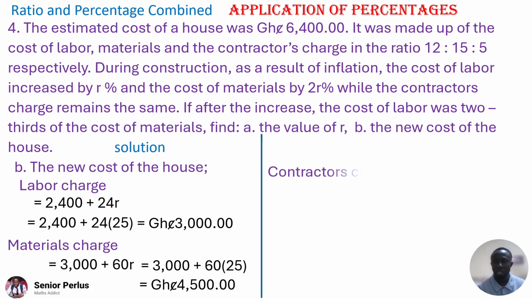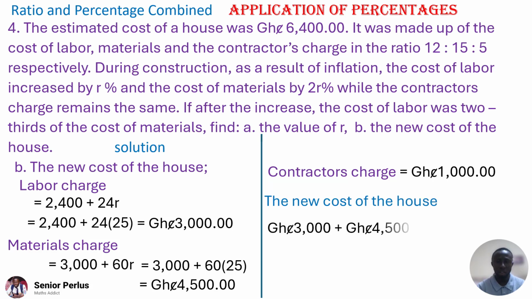Therefore, to get the new cost of the house, you add everything, and the total will be the new cost of the house. That's very simple.